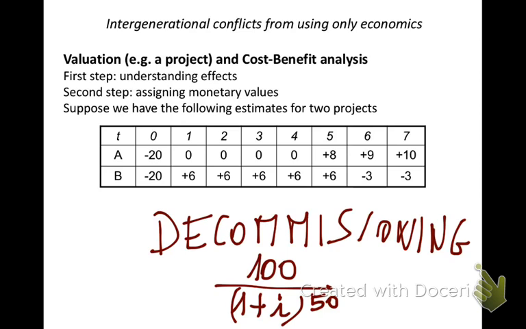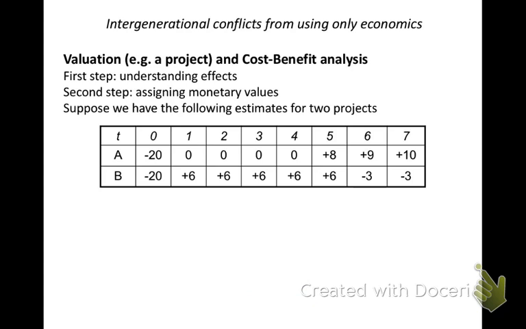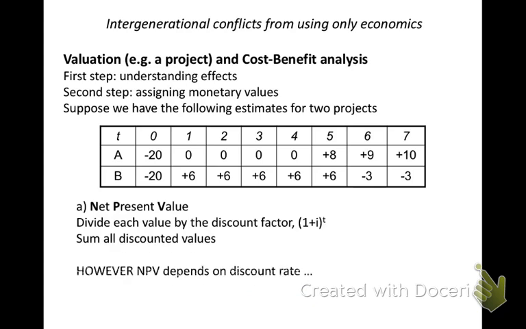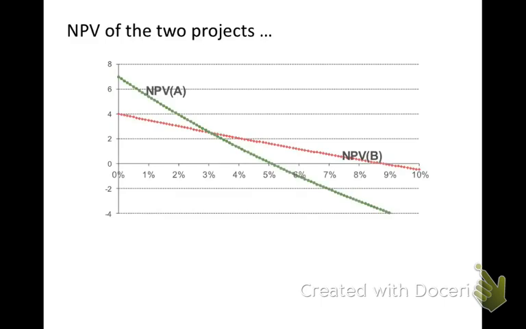But who has to pay for decommissioning? I will not pay for decommissioning because in 50 years I will not be alive. I will not pay taxes. So the issue of discounting is crucial because the higher the discount rate, the higher is the inequality problem, the intergenerational problem, the problem of equity between generations.